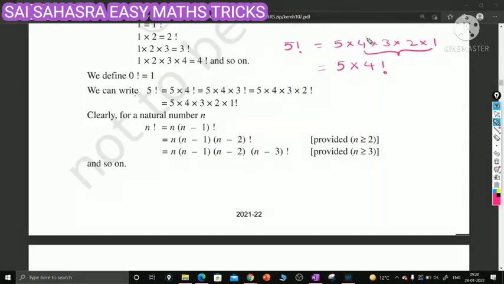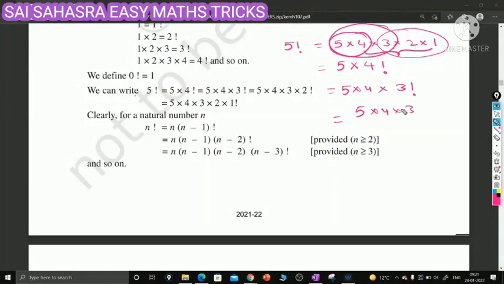Or else, if you take 5 into 4, then 3 into 2 into 1 will be 3 factorial. Or else if you have taken 5 into 4 into 3, and 2 into 1 we are not taking, you can write 2 factorial. Like that we can write.